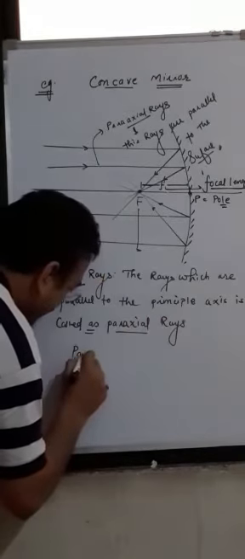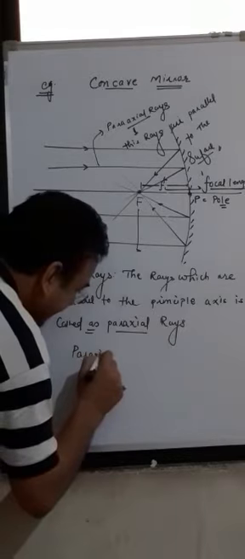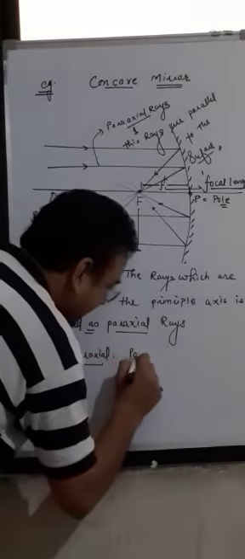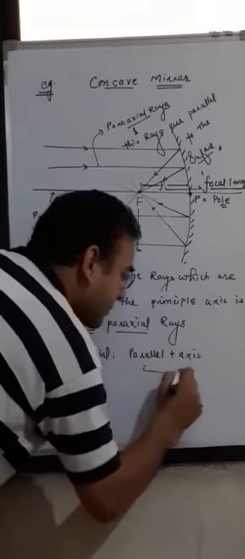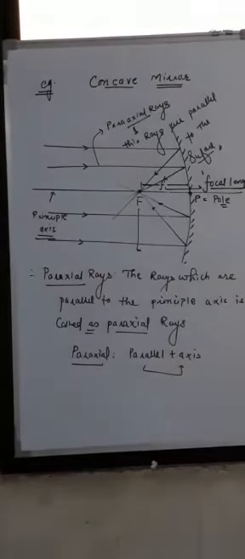See, a wonderful word. Para-axial means parallel plus axis, so parallel to the principal axis.